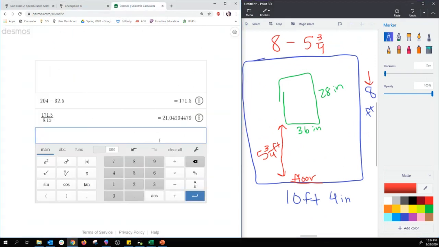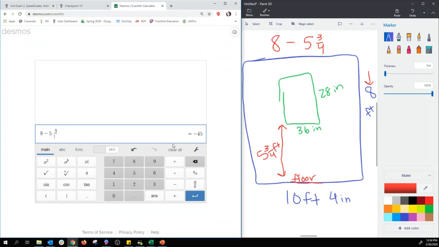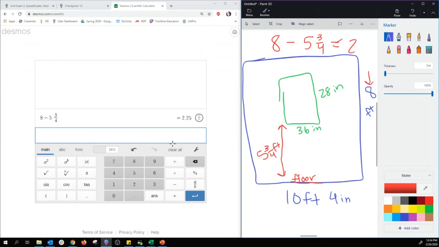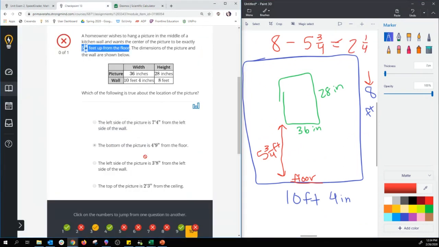You can subtract your mixed numbers in Desmos. If you put a space after your 5, you can type in your 3/4 and it will give you your answer. So it's 2 1/4 feet.